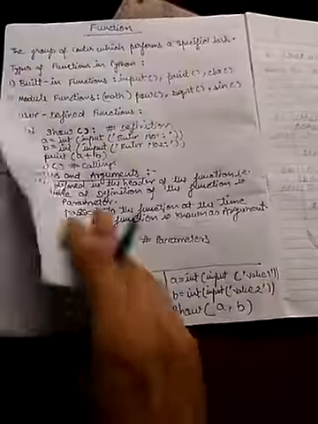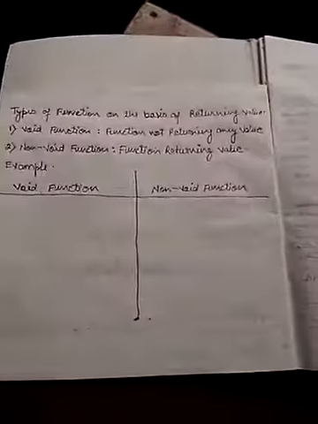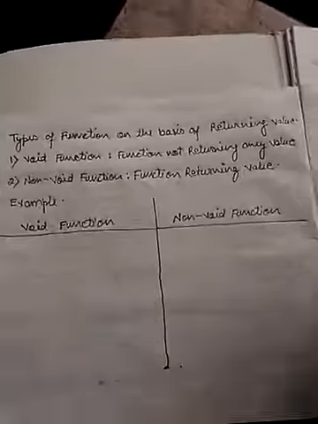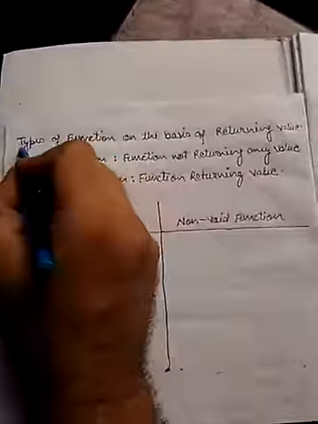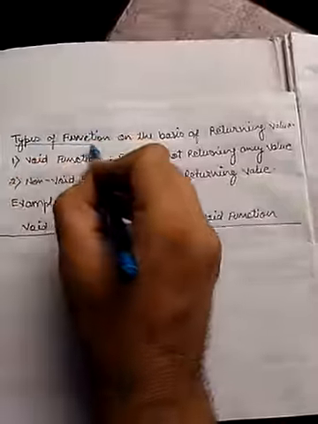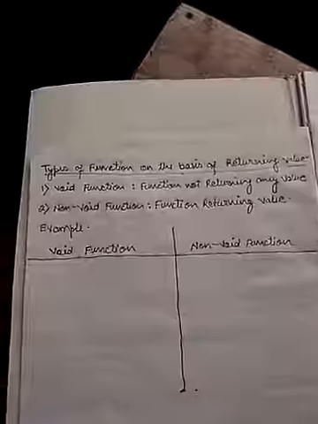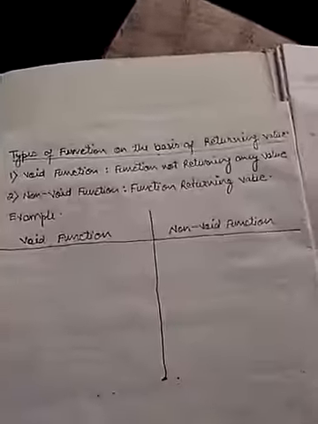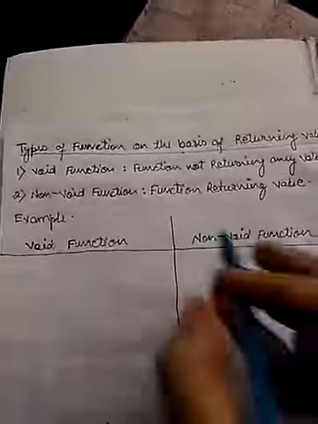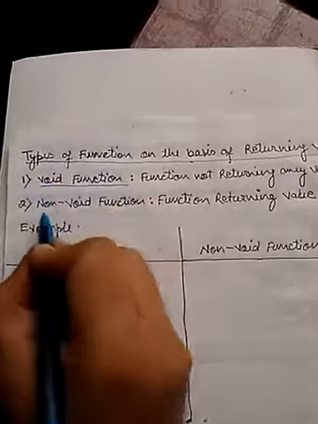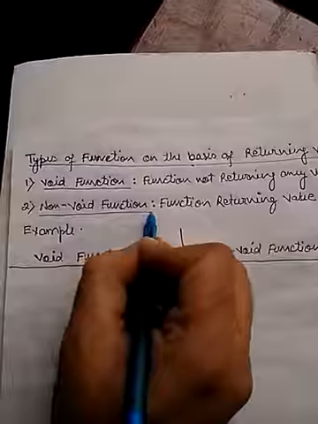Now we learn another important thing, the type of function on the basis of returning value. Very important thing. There are two types of function on the basis of returning value, that is void function and non-void function.